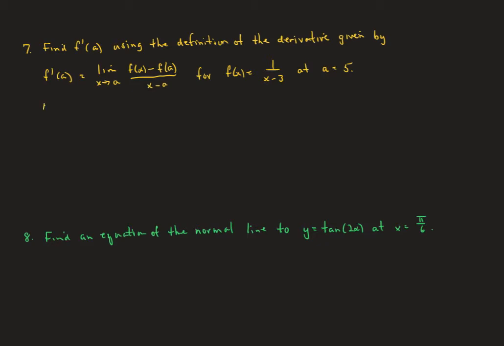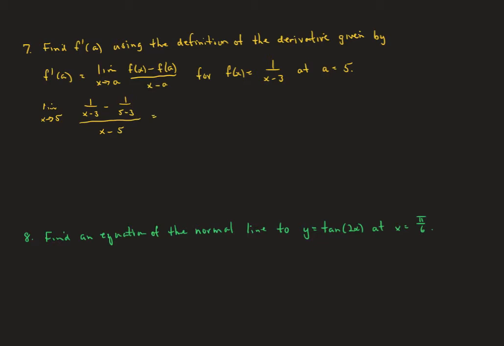So we're going to take the limit as x approaches a, which our a is going to be 5. So the limit as x approaches 5 of f of x, which is going to be 1 over x minus 3, minus f of a, which is 1 over 5 minus 3, and that's all over x minus 5.